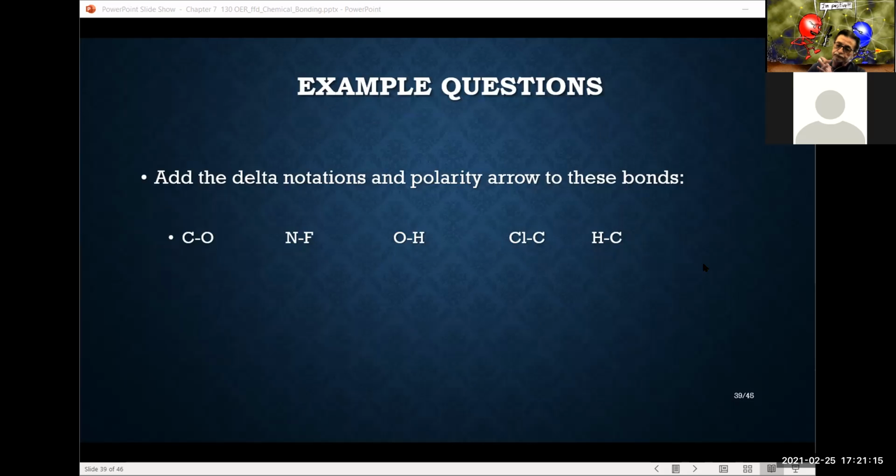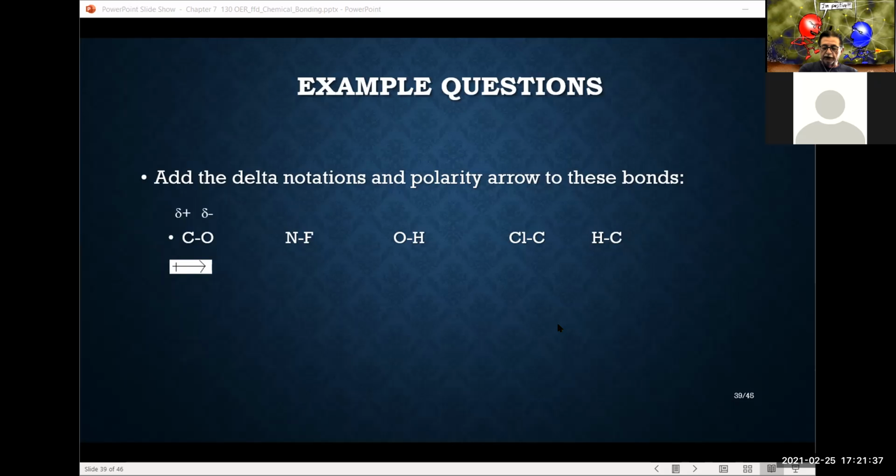All right. Question here is, you have all these bonds. Right now we're just looking at the bonds. We're not even looking at the full molecule. But we're going to take the information in the bonds and we're going to apply it to the full molecule to tell us whether that molecule is polar or non-polar. So we have carbon, oxygen here. Okay.